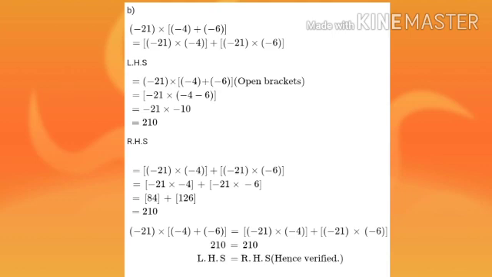Now we can take RHS. RHS is equal to minus 21 into minus 4 plus minus 21 into minus 6. Now we can remove the brackets. Minus 21 into minus 4, 84. Again plus of minus 21 into minus 6, which is equal to 126. Now we can add 84 plus 126, which is equal to 210.